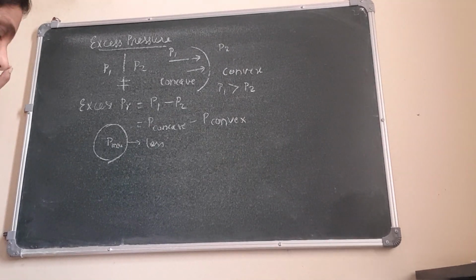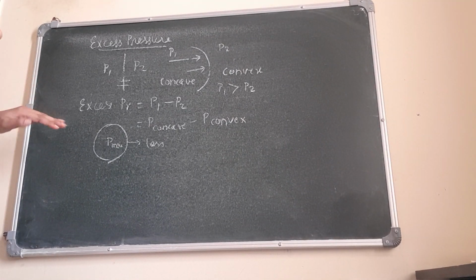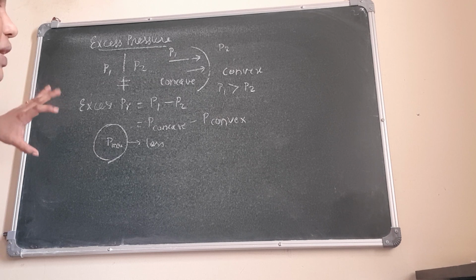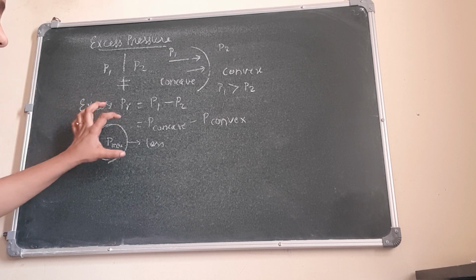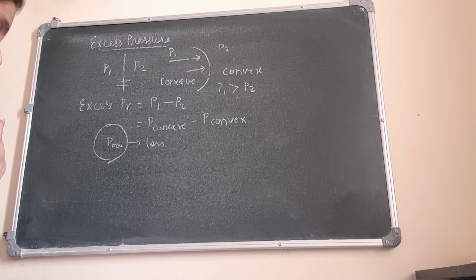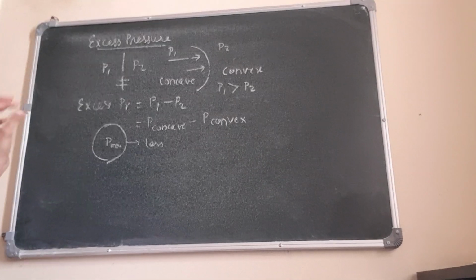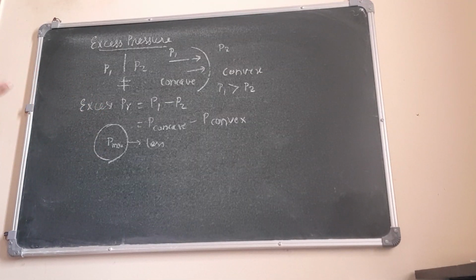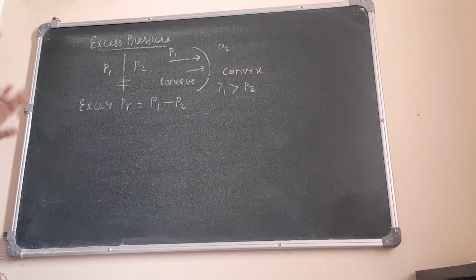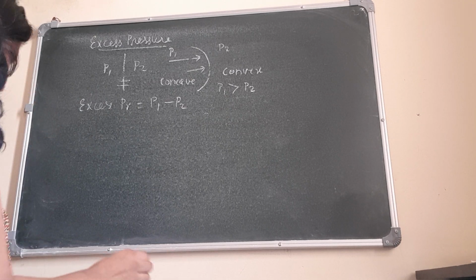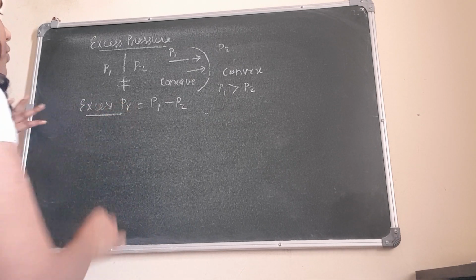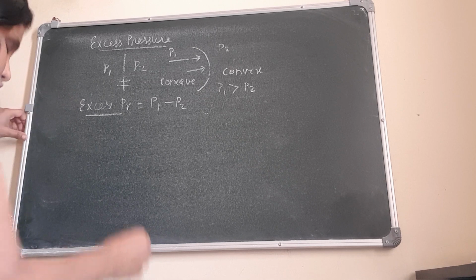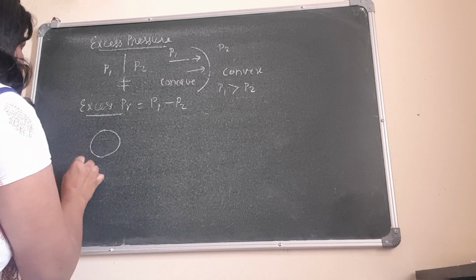Now, because of surface tension, what happens? It tries to minimize its surface area, correct? So that is the reason it will try to achieve at least the minimum, spherical position. Now this is something very important that I'm going to say. We have to calculate the formula for excess pressure for 3 cases. First is the water drop.